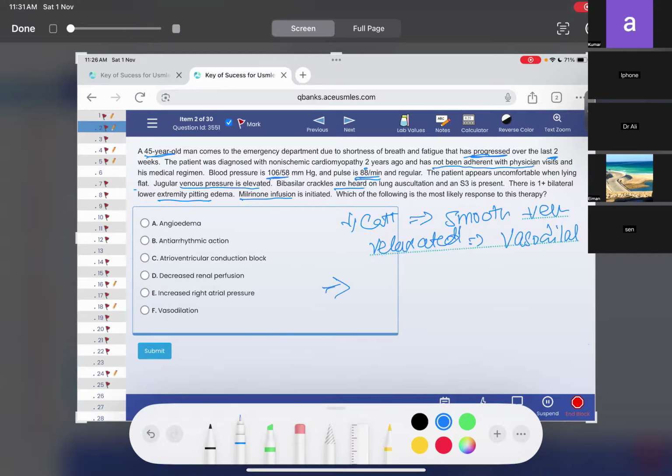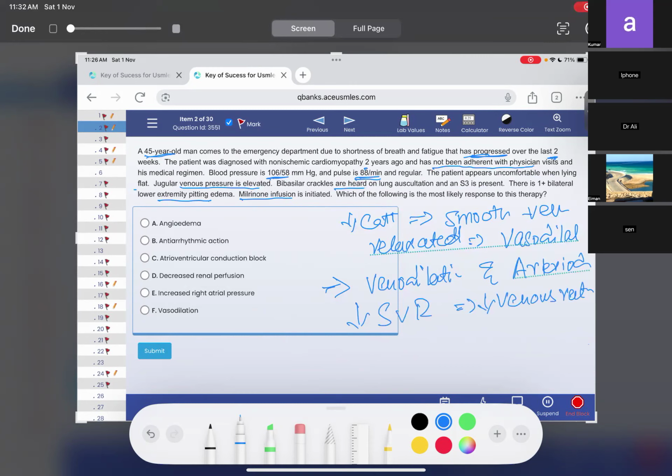And this vasodilation is both venodilation and arteriodilation. Means that systemic vascular resistance is decreased and venous return is also decreased as well. Okay, doctors?